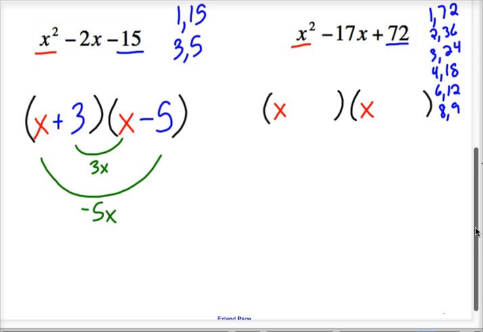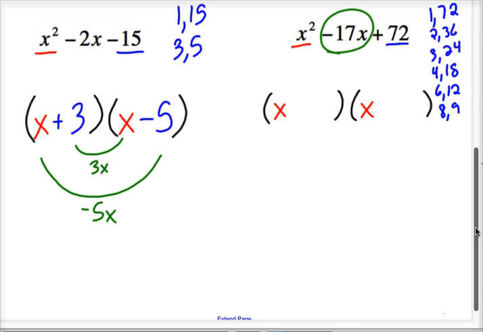Now, the first thing that I find odd about this one is notice I'm multiplying to a positive number, okay? But the weird thing here is notice that middle number that I'm shooting for, that negative 17x. Well, if I'm multiplying to be positive, you may find it a little bit strange that I'm adding to be negative. Now, the thing I want you to recall is multiplying to be positive, there's actually two ways we can do that.